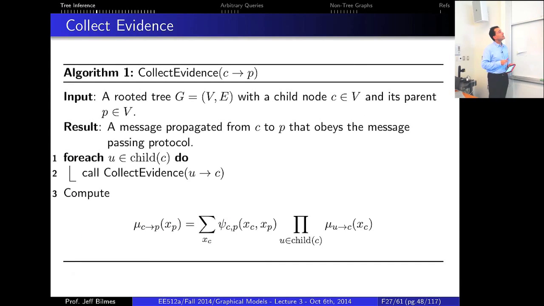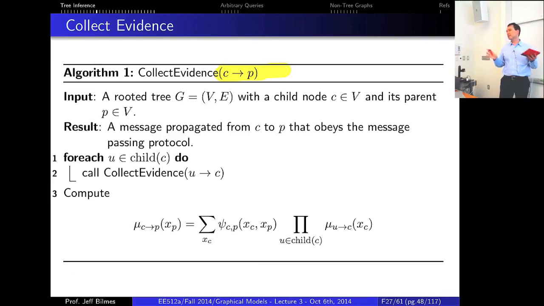So what is collect evidence? It's an algorithm that you could implement in your favorite programming language, where you start with a rooted tree. And let's say it's called with an argument, which is a child and its parent.